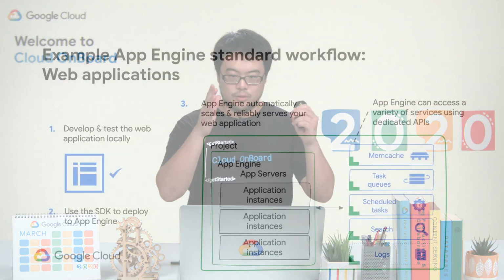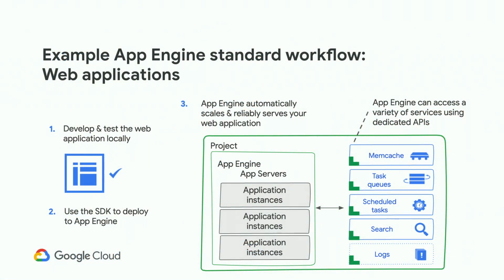So we see a typical App Engine standard workflow looks like this. You have those instances, which are taken care of for you. You only define the logic. So you do the development, you do the testing, and you run the web application locally and test it. Then you use the SDK to deploy to App Engine. And then App Engine automatically helps you to scale those servers, your web applications, reliably.